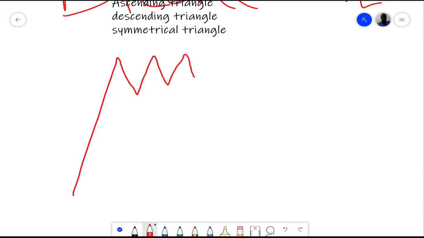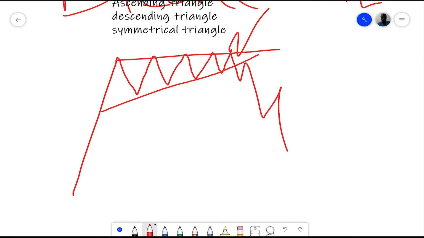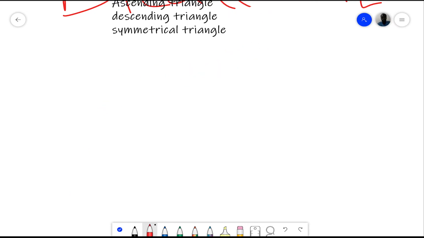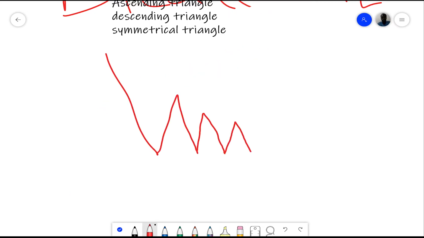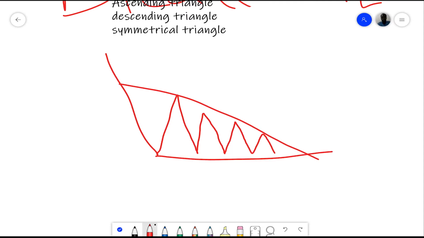So if you take note, I talked about the rising wedge reversal pattern. Reversal patterns usually show up after a trend, and they always show up during a trend called a pattern. So in rising wedge, I'm going to draw this.